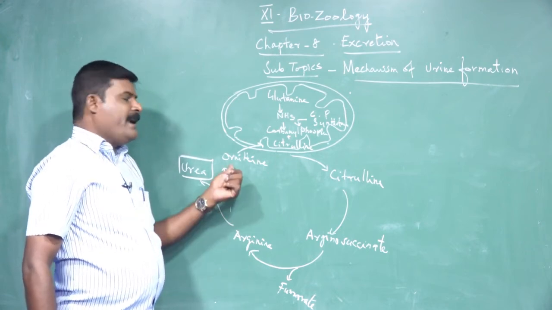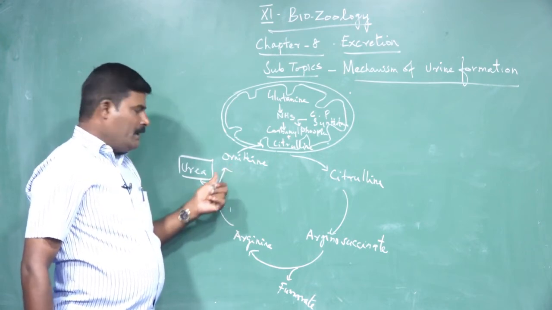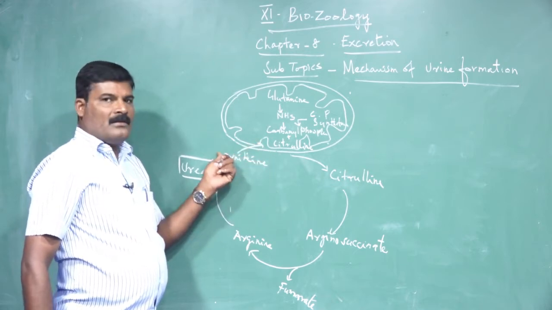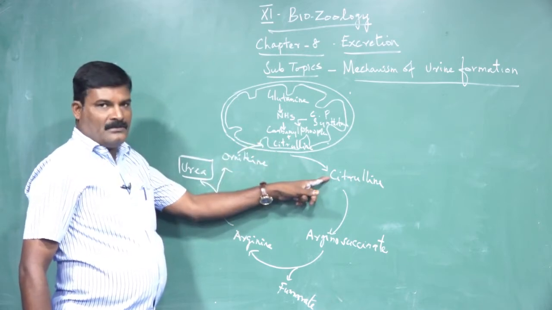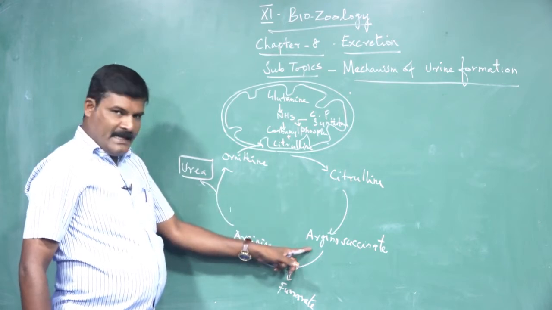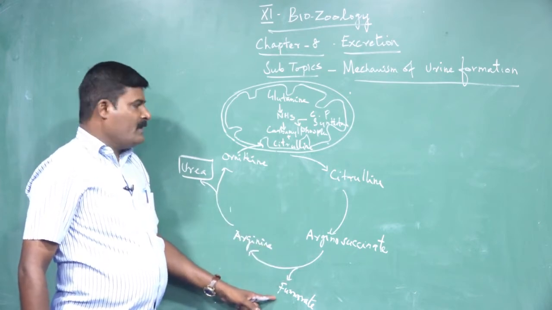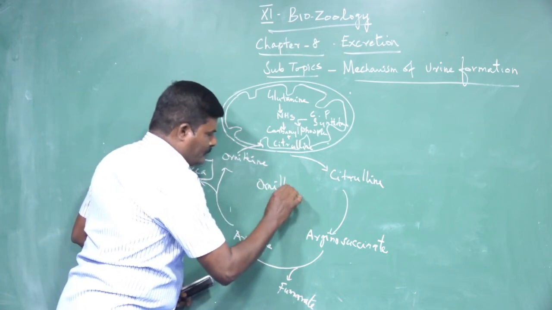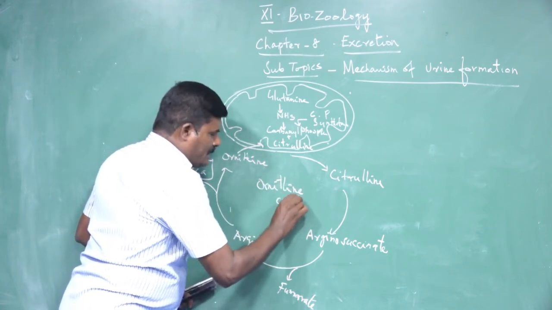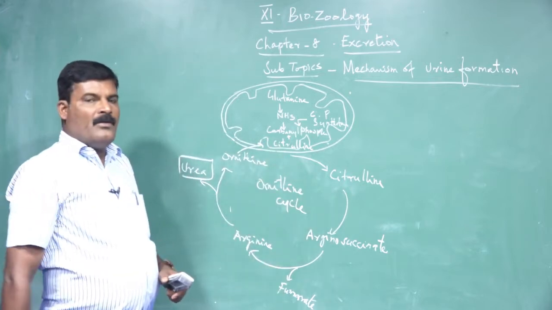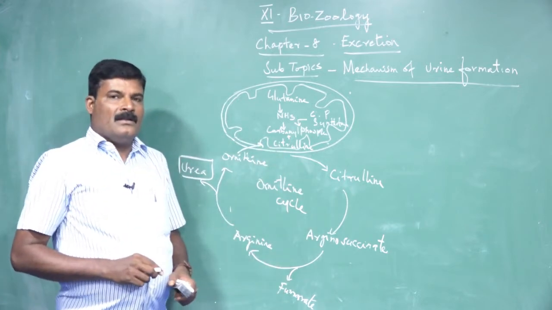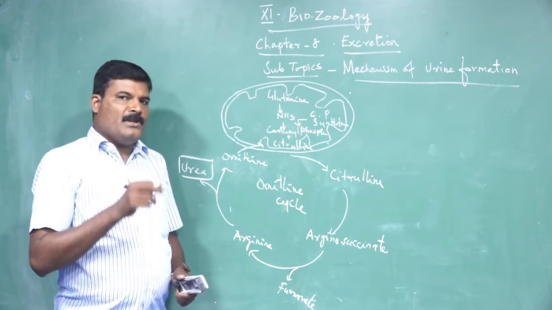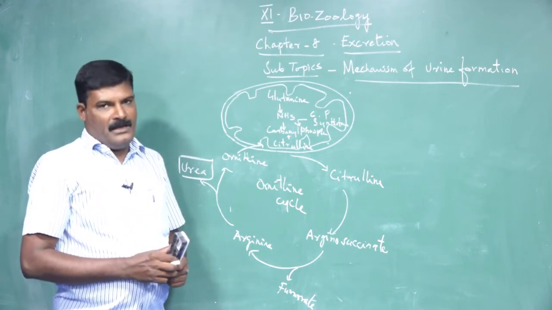Arginine again forms ornithine with the removal of urea. So ornithine is essential for the formation of citrulline, and there is removal of fumarate. This cycle is the ornithine cycle, which explains the synthesis of urea in the liver.